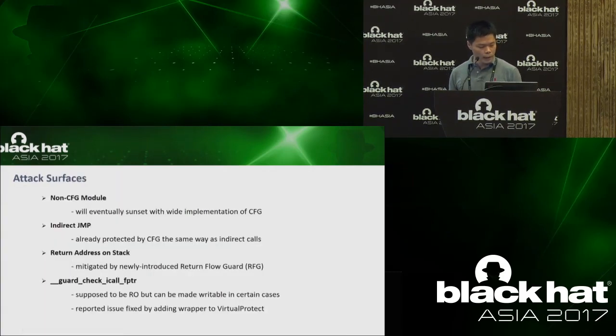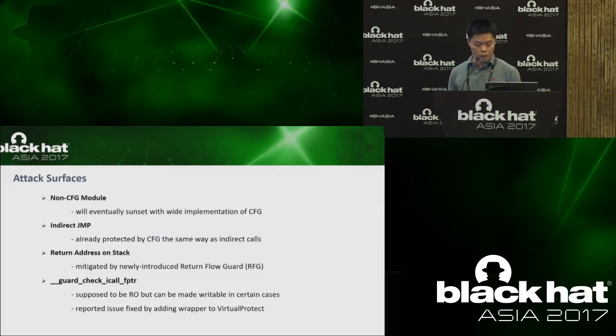We also listed an incomplete list of attack surfaces. Most of these attack surfaces have already been mitigated. For example, non-CFG modules. If a non-CFG module is loaded into the system, this module would become a weak spot that can eventually lead to CFG bypass.